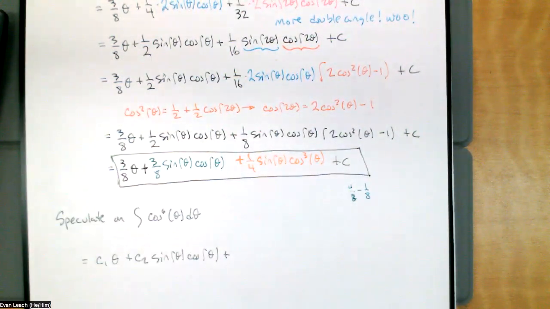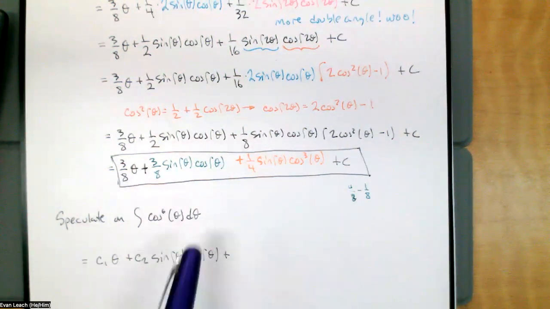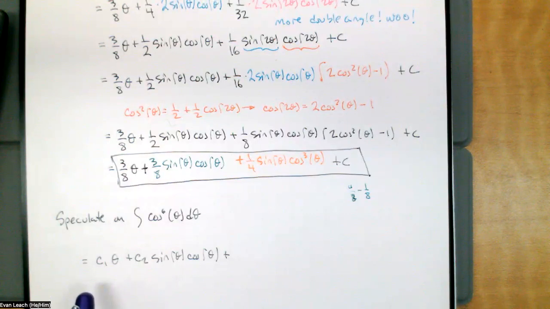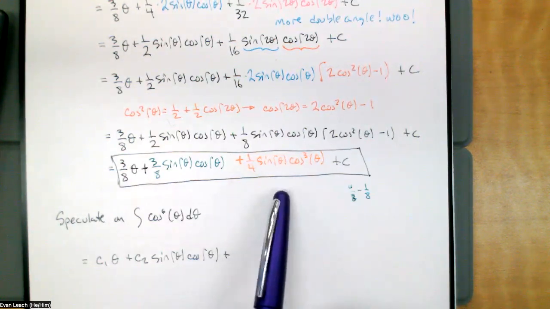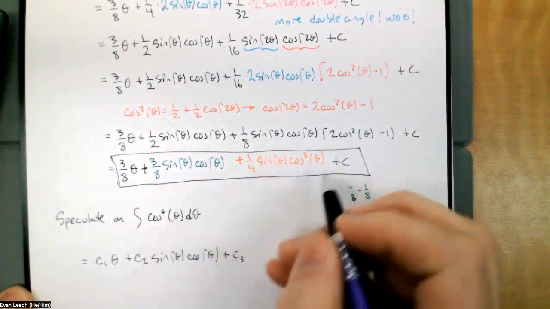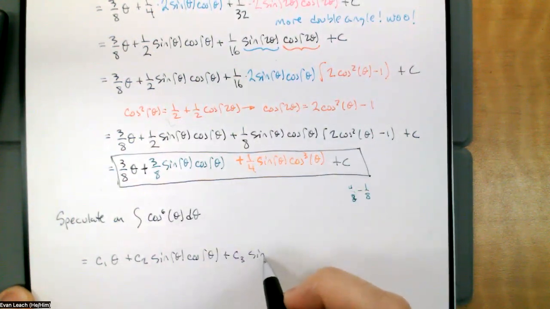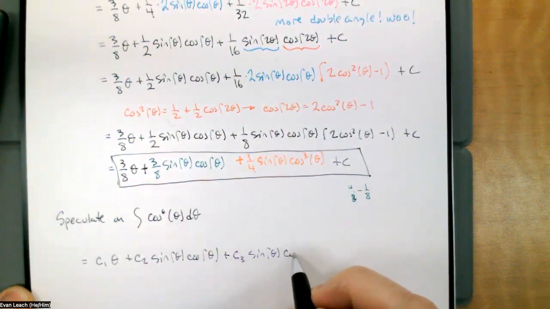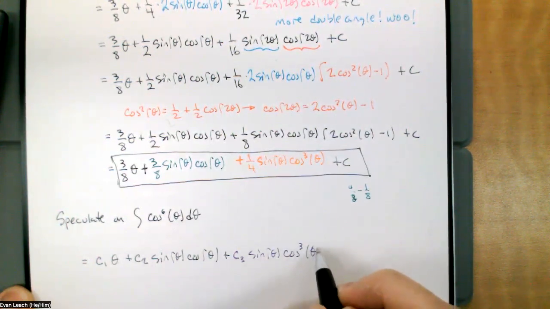This is what I would speculate. This is just my recommendation, if you want to try this as far as your speculation goes. Since we went from 2 to 4, it dropped in this other term on here. We had a constant, and our third term had a sine theta cosine cube theta.